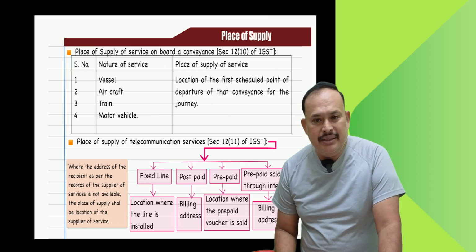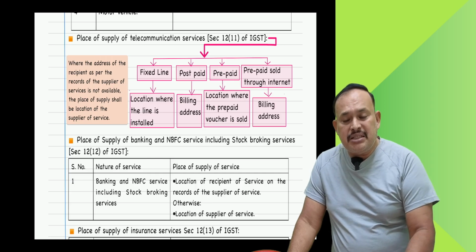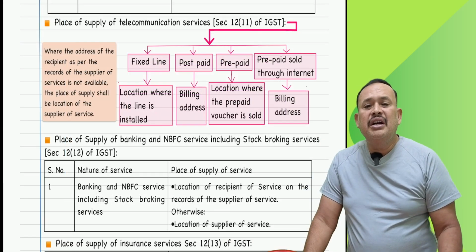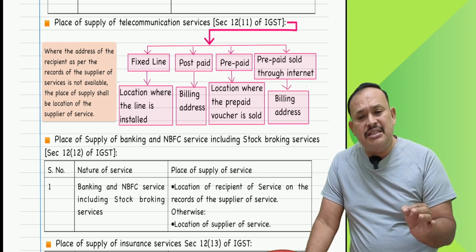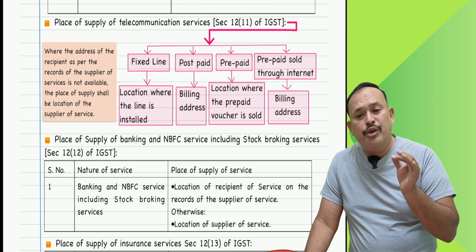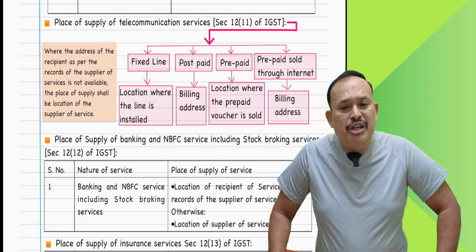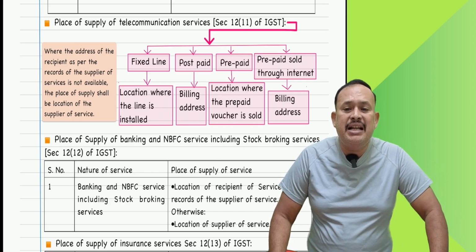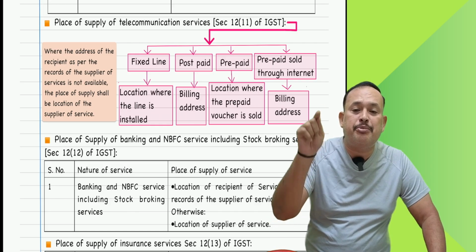Now come back. Further referring here to section 12, subsection 11 of the IGST Act. Supply of services in case of telecommunication services. In case of telecommunication services, where a fixed line has been installed, the place where the fixed line has been installed is the place of supply.